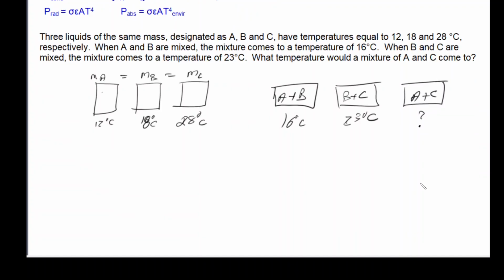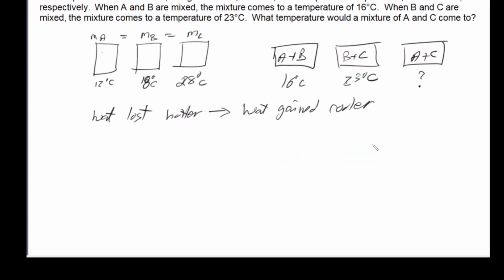And we know that in a system, the heat lost by the hotter system is equal to the heat gained by the cooler system. So let's look at each of these systems. So first we'll do when we mix A and B. We know that the heat transferred is equal to mass times specific heat times change in temperature.